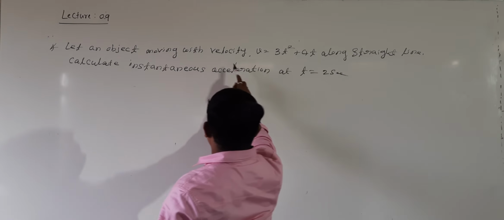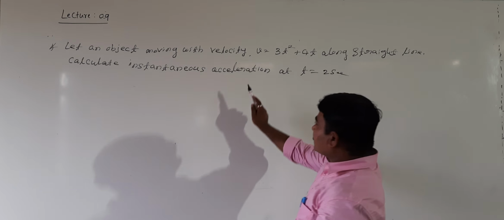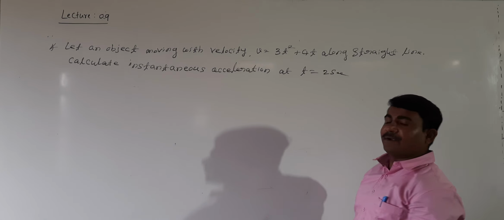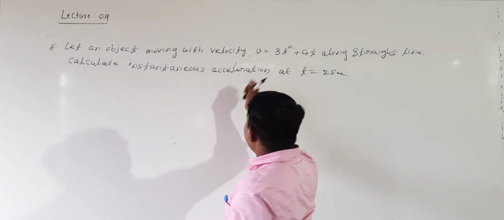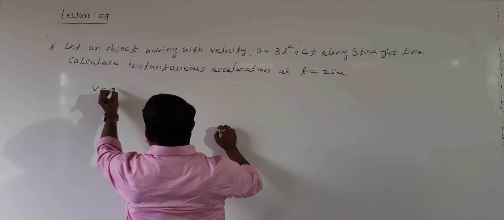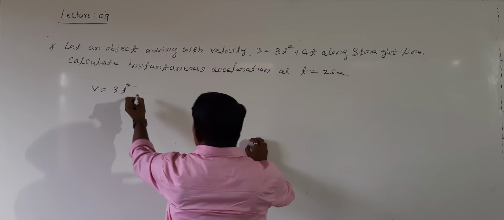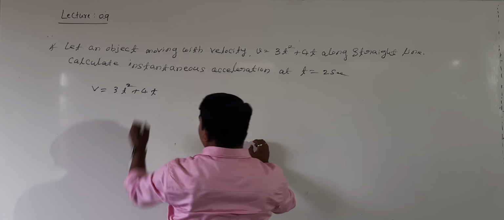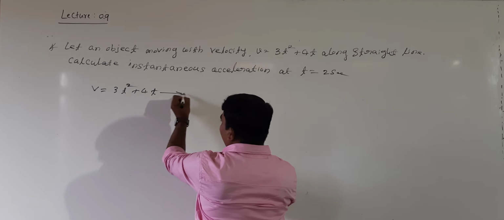Let an object move with velocity v equal to 3t square plus 4t along a straight line. Calculate instantaneous acceleration at t equal to 2 seconds. Right? How to calculate instantaneous acceleration here? What is the velocity of the body? v equal to 3t square plus 4t. Shall I call this equation number 1?